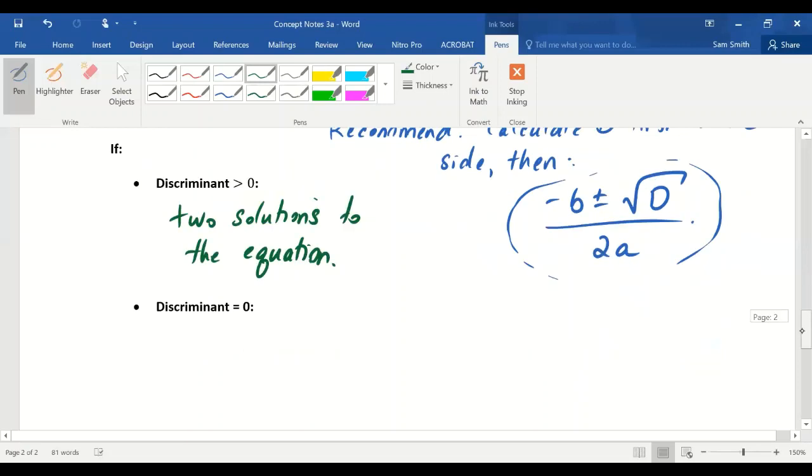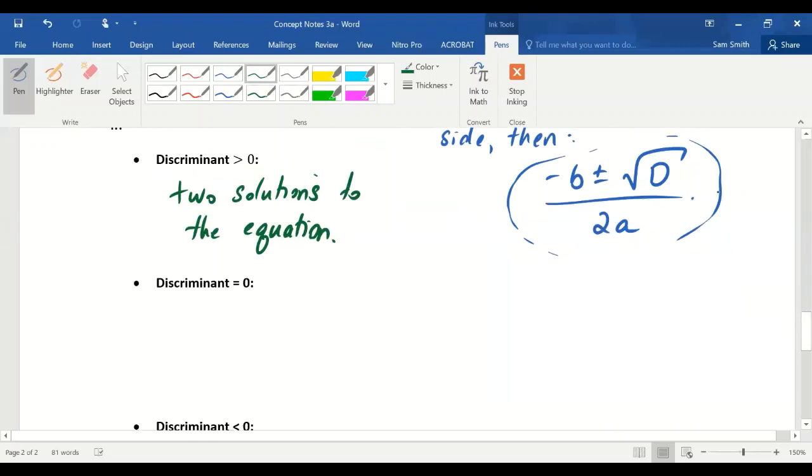If the discriminant is 0 on the mark, then the square root of 0 is 0, and positive 0 and negative 0 are exactly the same thing. Because of that, your equation will only have 1 solution. The plus version and the minus version from the quadratic formula will work out to be exactly the same number, so they'll be redundant and there's only 1 solution.